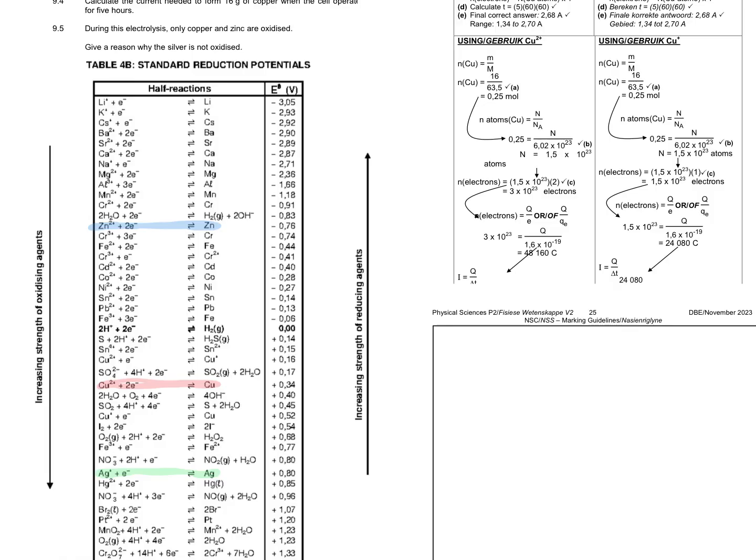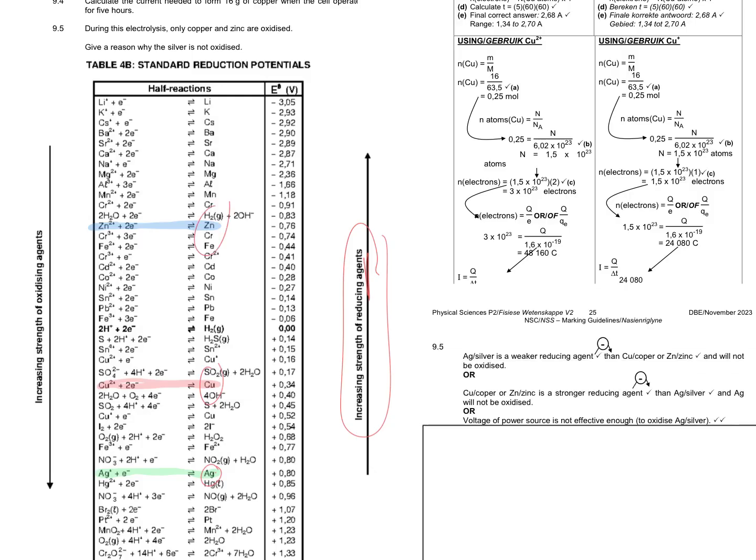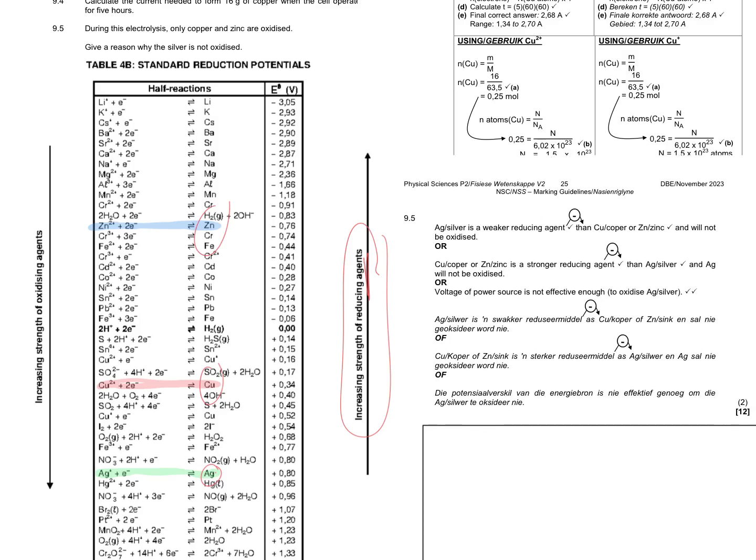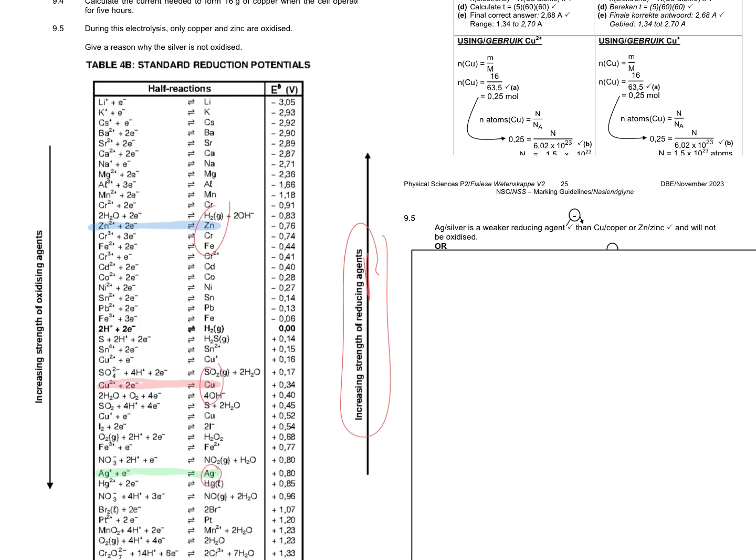It even tells you on this table that Ag is a weaker reducing agent than copper or zinc, and so it won't get oxidized. Let's see what the memo says. Silver is a weaker reducing agent than copper or zinc and will not be oxidized. All of that is written on the table as is.